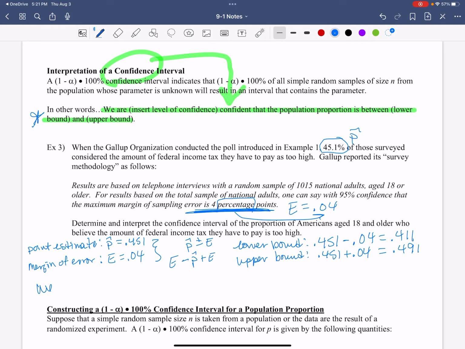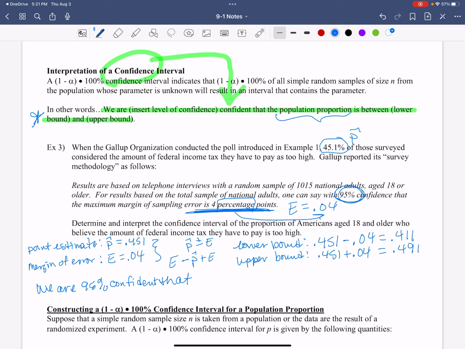We are 95% confident, because that's what it tells us, 95% confident that, and then we're going to put our words in there, that the proportion of Americans age 18 and older who believe the amount of federal income tax they have to pay is too high. That's what those words are. Oh, that's a lot. Let's make this happen.